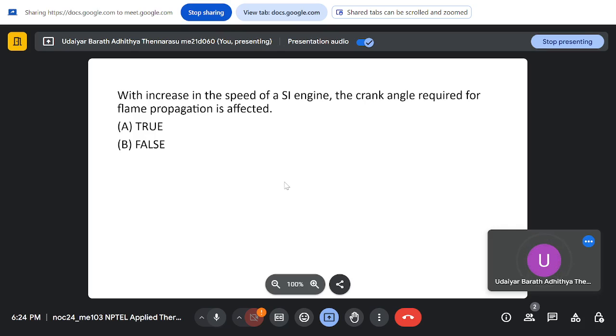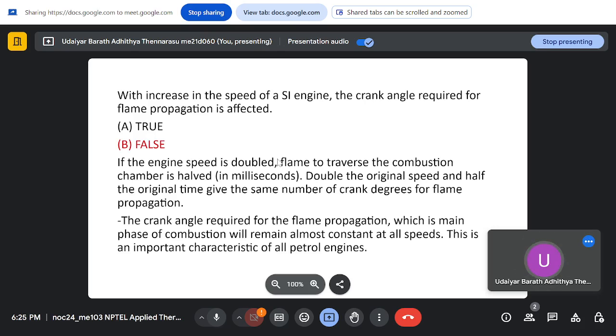Next is: with increase in the speed of an SI engine, the crank angle required for flame propagation is affected.